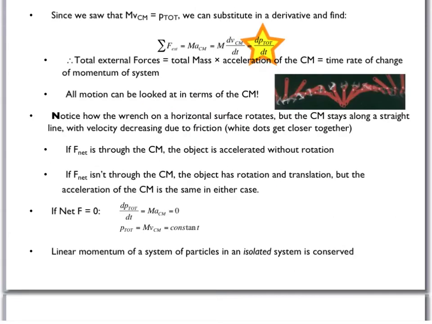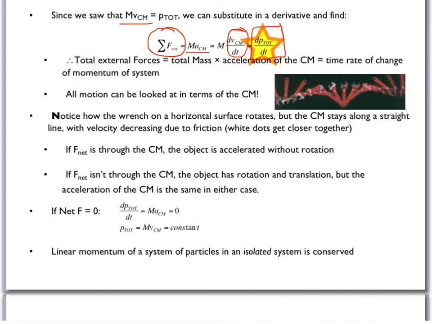Since we now have seen that the mass times the velocity of the center of mass is equal to the total momentum of the system, we can make a few substitutions here in terms of these derivatives and find that if we were to sum up all of the external forces acting on the system, which is going to be equal to mass times the acceleration of the center of mass, where acceleration again can be rewritten as dv/dt, we're really looking at this as a change in the momentum of the system.